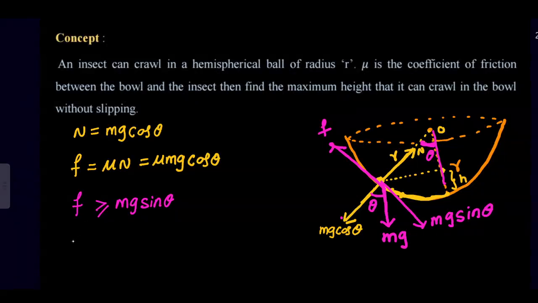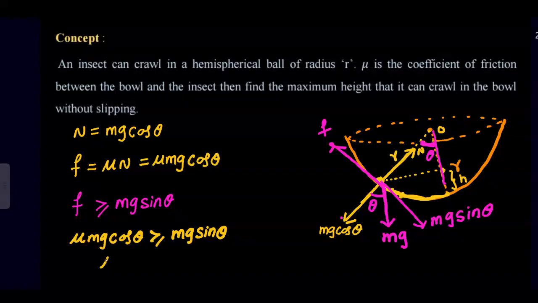So this F is mu mg cos theta, and that must be greater than mg sin theta. So we can say mu must be greater than tan theta. That means tan theta is less than mu.